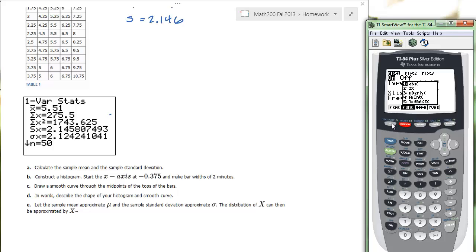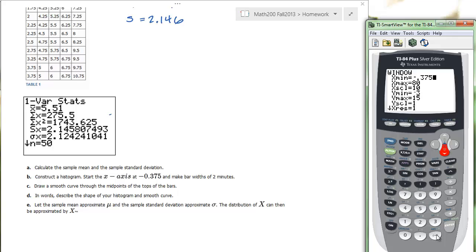Now before we go on, we're going to set up our window. Let's set up our window. And we're going to start our x min at negative. Remember the negative sign for the calculator is this one, negative 0.375.